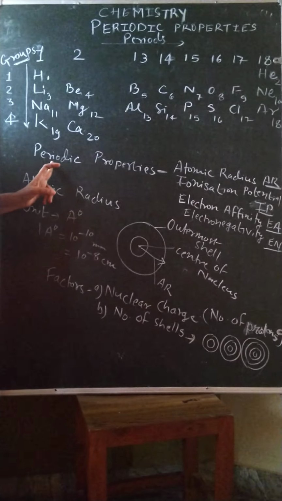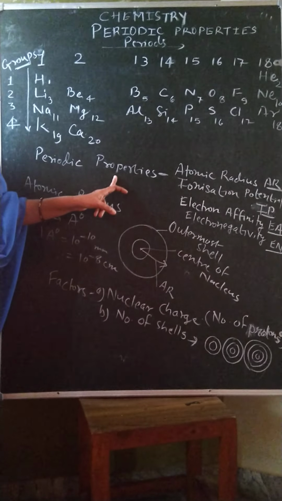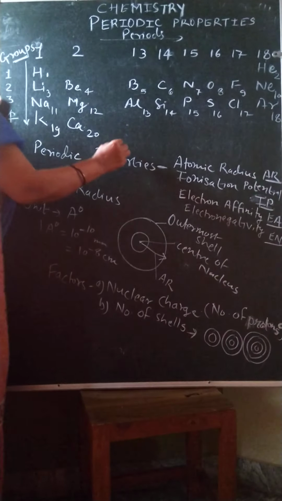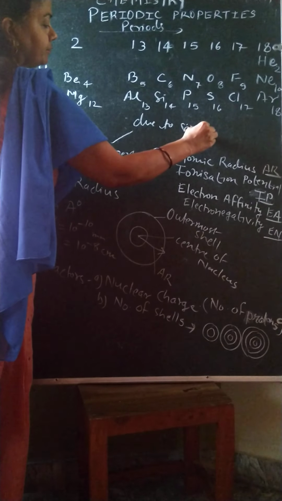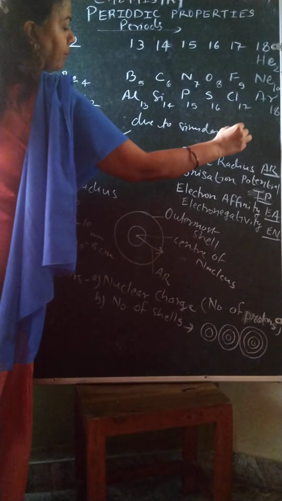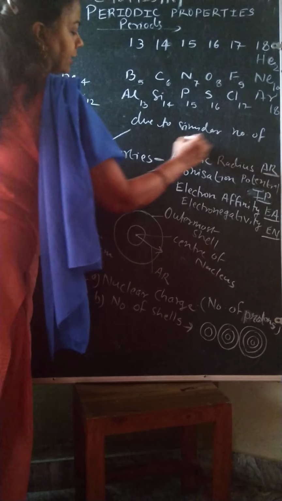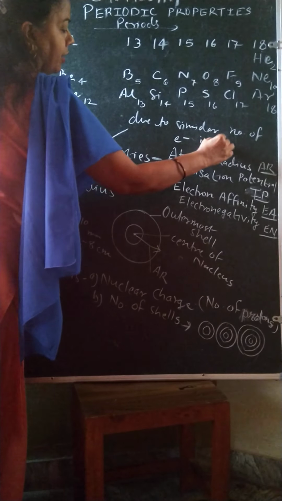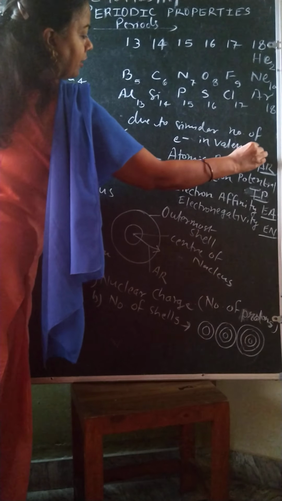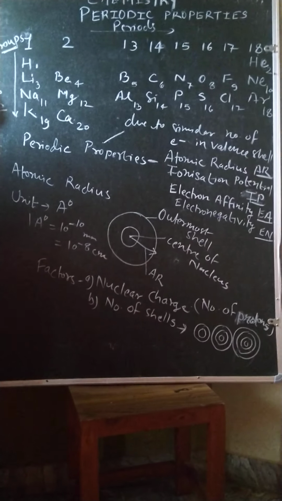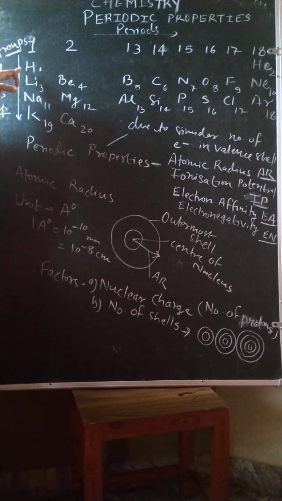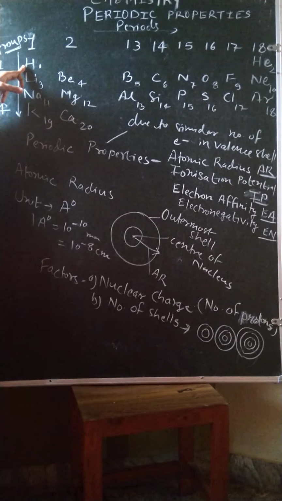Now the question is, what is the cause of periodic properties? The cause of periodic properties is the similar number of electrons in the valence shell. What do you mean by valence shell? The outermost shell is called the valence shell. For example, in hydrogen, in the outermost shell 1 electron is there.